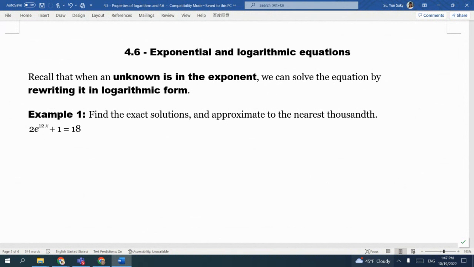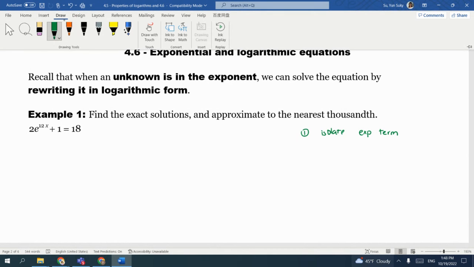Example 1. If we have the exponential term or the log term, the first thing we do is isolate it. So first, isolate the exponential term. Here, how do we isolate the exponential term?